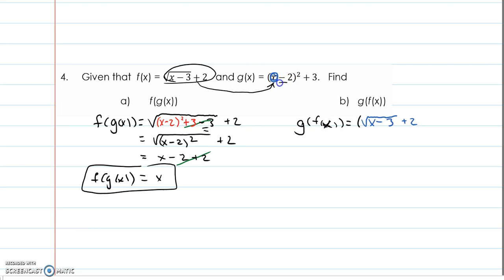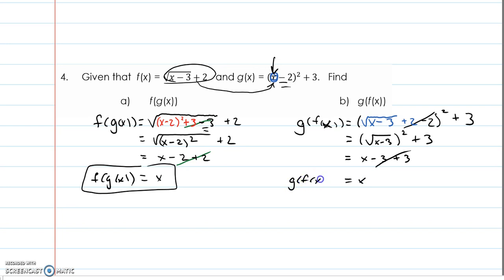And I still have this minus 2 and the squared plus 3. So this square root of x minus 3 plus 2 is filling in right for this spot. So I still have everything else in the equation. If we go ahead and simplify it, these cancel. So I'm left with the square root of x minus 3 squared plus 3. When I have the square root of something squared, I end up with just the radicand underneath. The 3's cancel, and I'm left with x. So g of f of x is equal to x in this case.